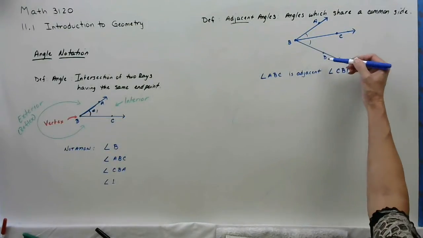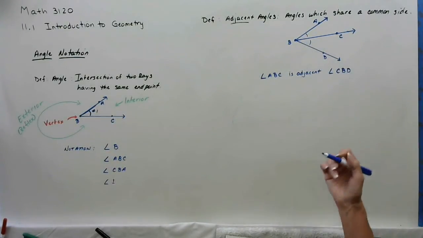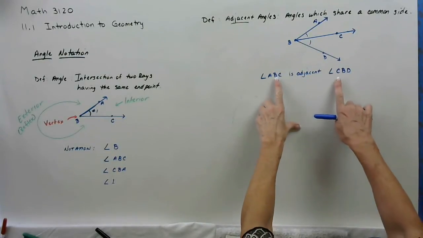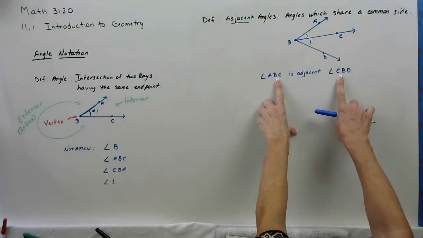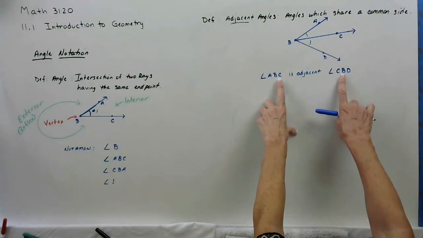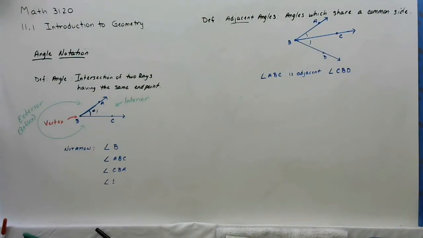Or you could have said from D, B, C. But the idea is you can notice that they both go from line segment BC or CB. So they're both sharing the same side. So those are adjacent angles.